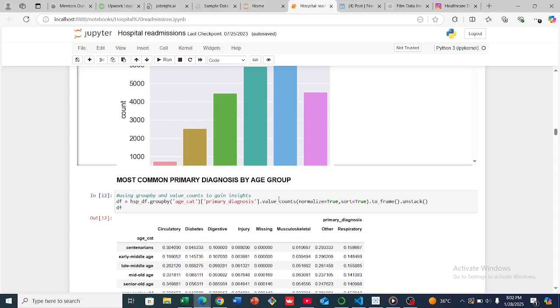I used .value_counts to count the occurrence of the primary diagnosis, right? I set normalize to True so that we can get a percentage, and sort equal to True. I also created a data frame from my analysis to make it much more compact.